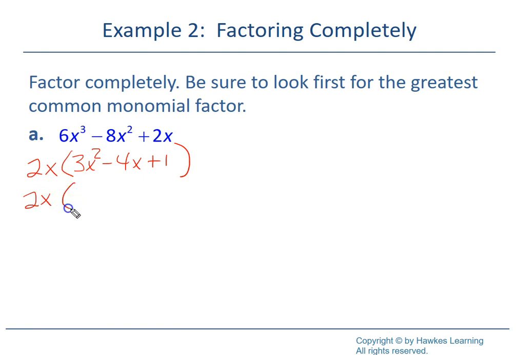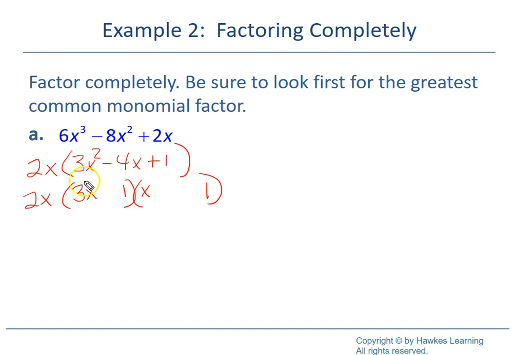So 2x, and now two sets of parentheses. Now, that you have a 3 as our a term, that's a little comforting because 3 is prime. So this has to be 3x and an x. And 1 is prime, so a 1 and a 1.